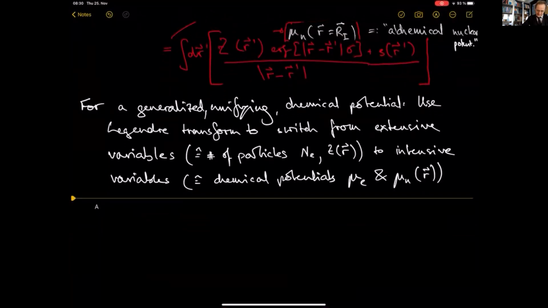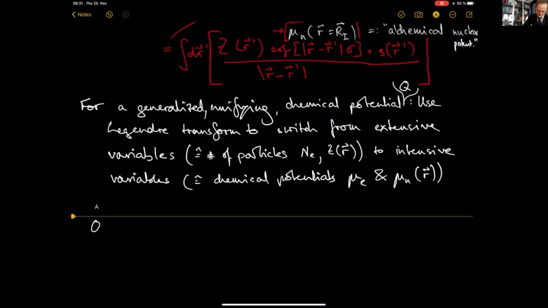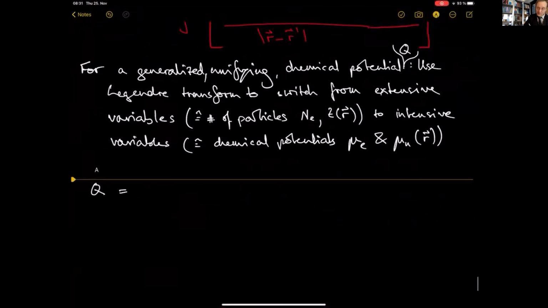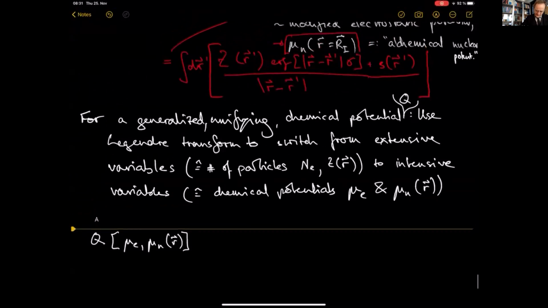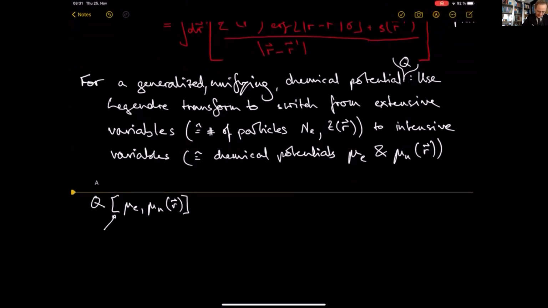So we want to use Q as a chemical potential term. So our Q will become a functional of mu E and mu N, where again this bracket denotes that we are talking about a functional.